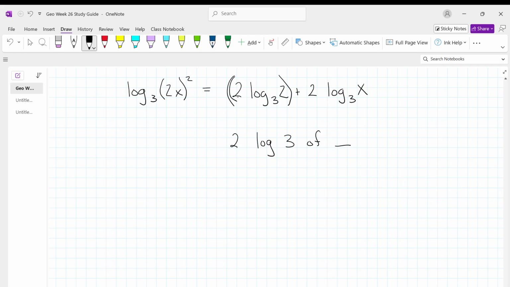So if this is your answer, 2 log 3 of 2, then if the blank is in this position, it's going to be 2 log 3 of, and you would fill a 2 into the blank.